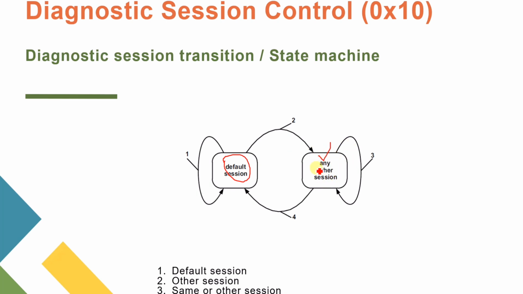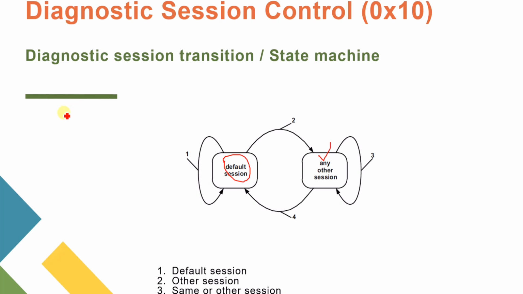And what will happen when the server transitions from any diagnostic session other than the default session? From default to other sessions we came. When the server transitions to a session other than default, the server shall reinitialize the diagnostic session.